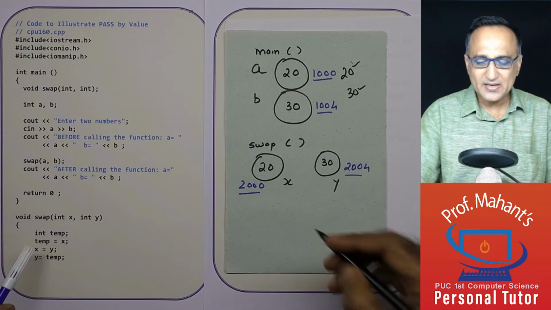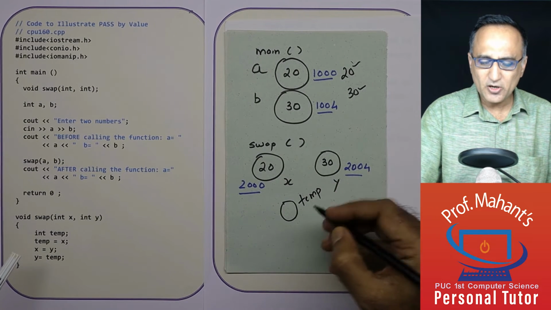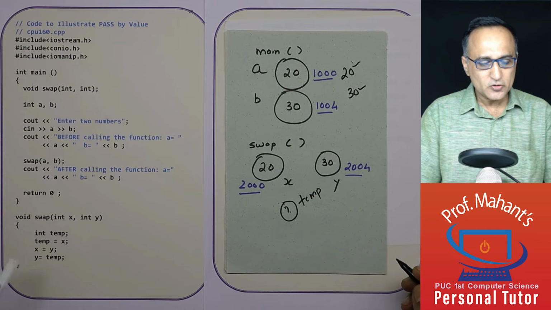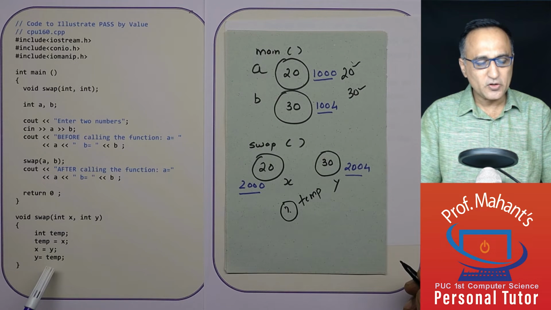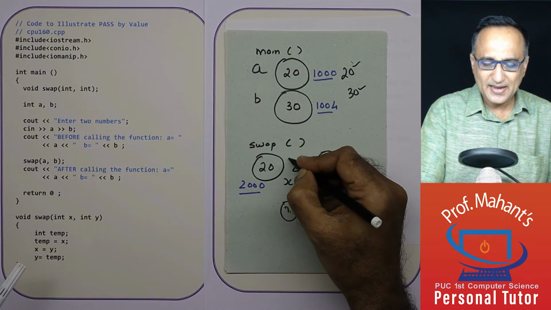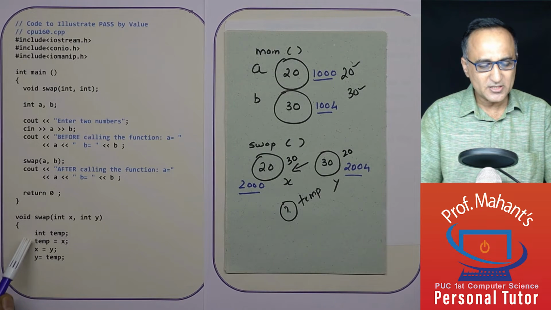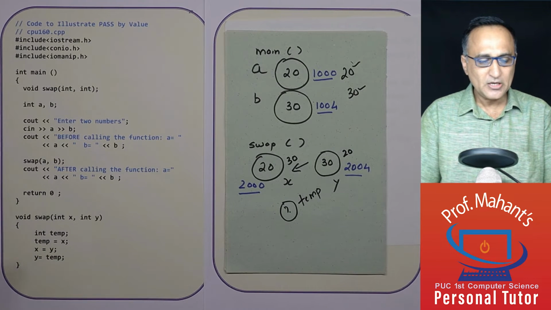Here I have taken a third variable called temp. We'll not bother about its address. Using the logic which we frequently use, I am exchanging the values of X and Y. So X will now become 30 and Y will now become 20.